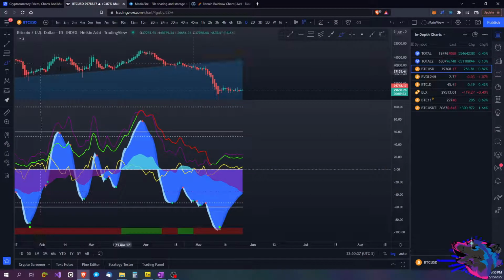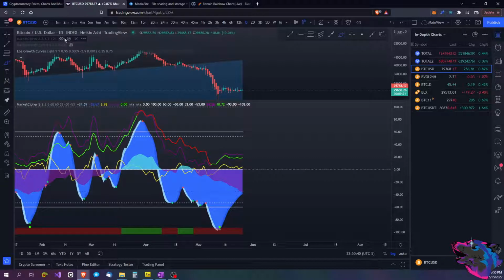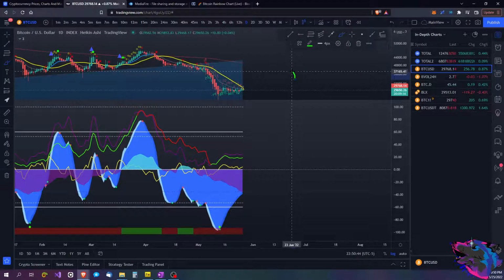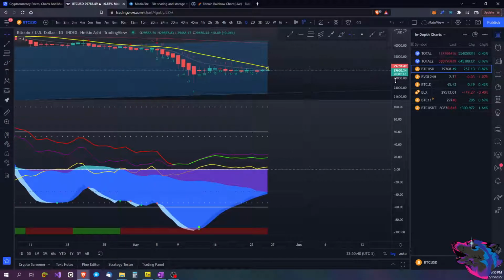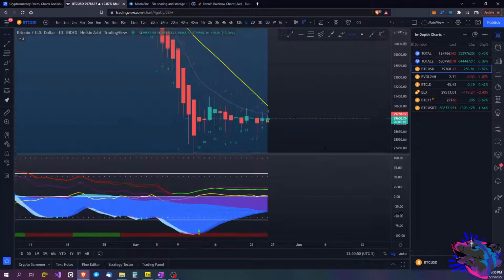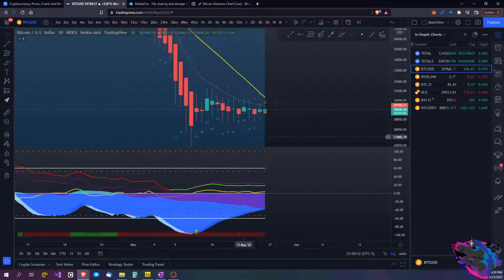I'll keep it on the daily. If we turn Market Cipher A back on, just to give you a closer look here on the daily, 16 to the bullish side. Some potential good news on that.